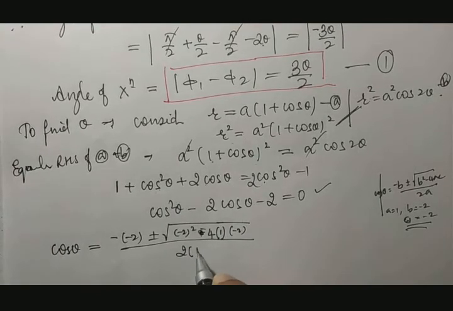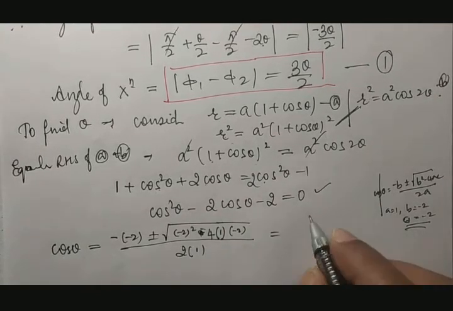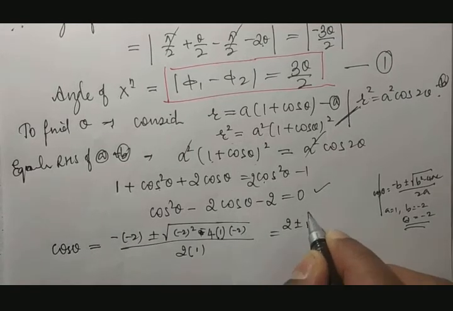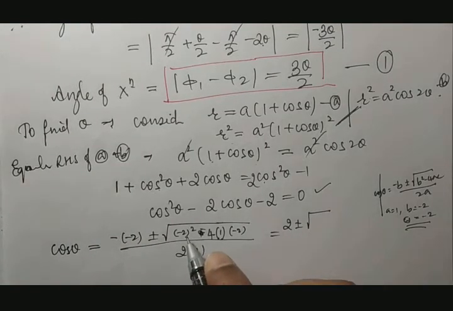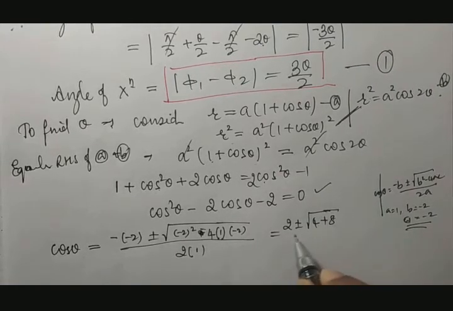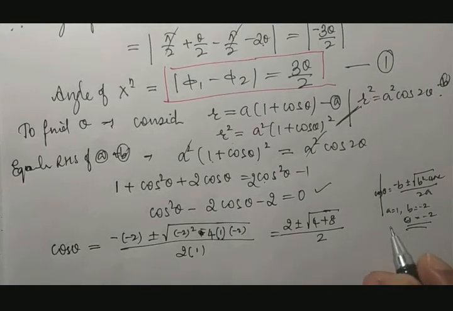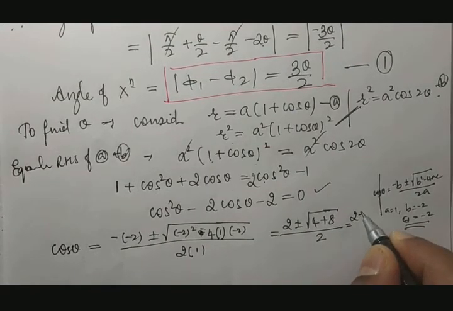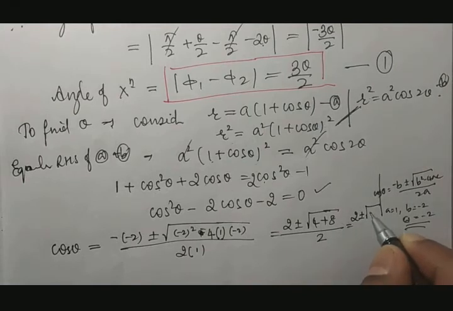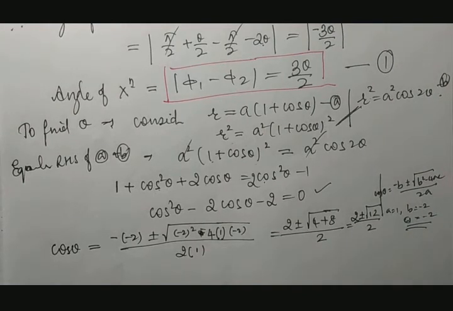divided by 2 times a, which is 1. Therefore this is 2 plus or minus under square root, 2 square is 4 plus, minus of minus, this is 8, divided by 2. Fine, which is equal to, what is this now? 2 plus or minus under square root 8 plus 4 is 12, divided by 2. This 12 can be taken as 4 into 3.